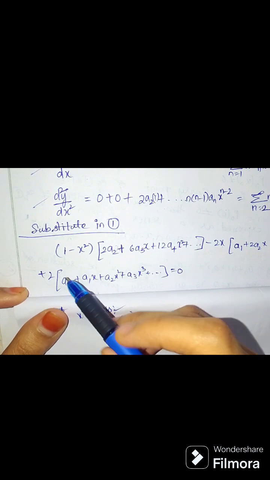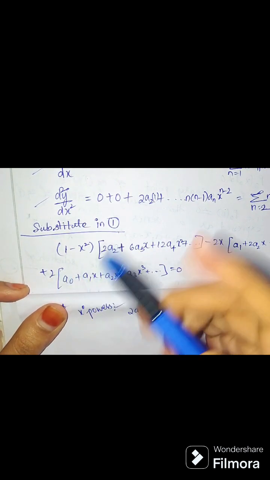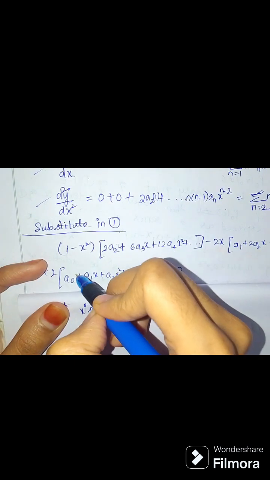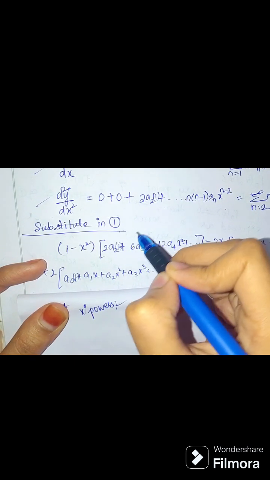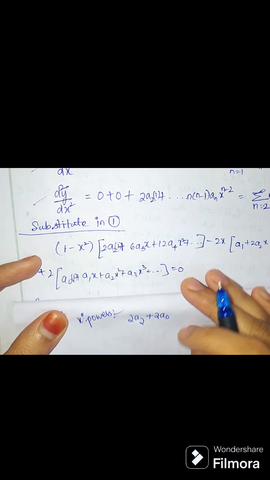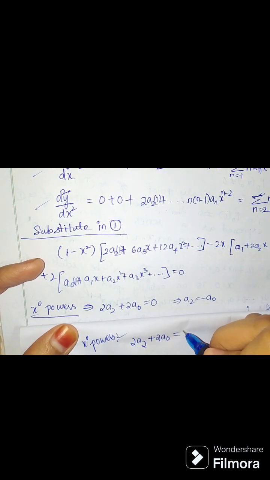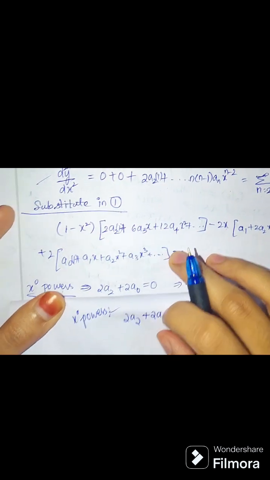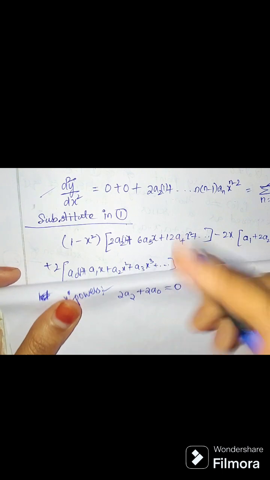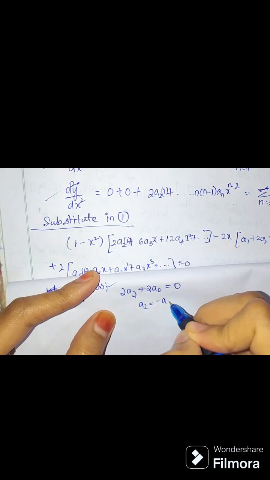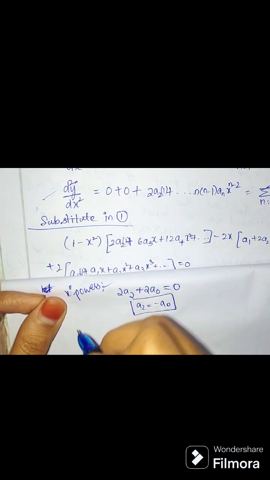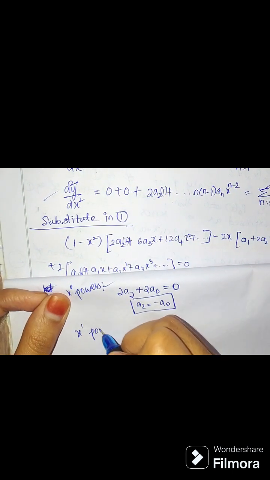See here, 2 into a0 I'll get, so I can write 2a0. 1 means it's nothing but x power 0 only, no? So like that we'll consider. So the x power 0 terms are 2a2 plus 2a0. This side is equal to 0, no? Now from this I can write a2 is equal to minus a0. So I expressed a2 in terms of a0. Next we'll see x power 1 terms.